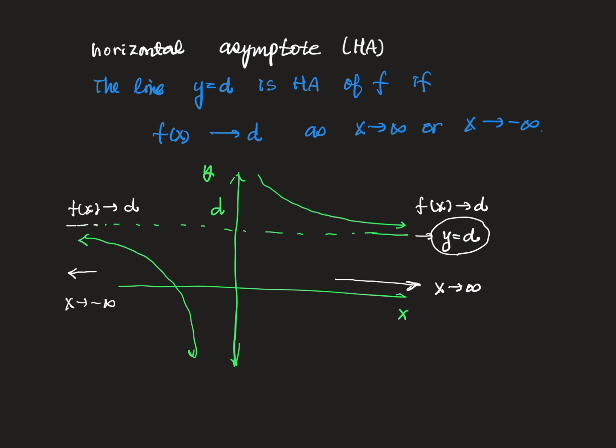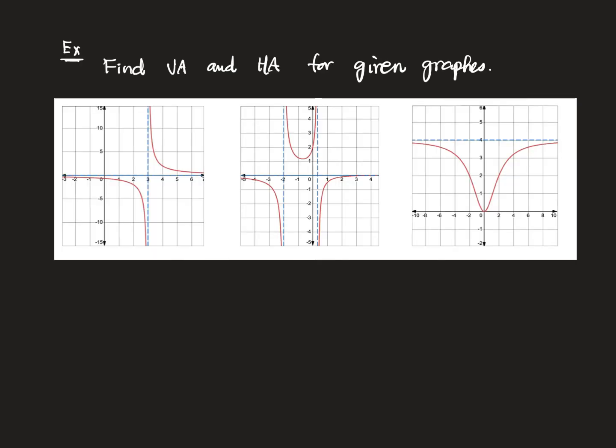Let's have an example on the next slide. I give the graphs, guys. Look at each graph, 3 rational functions. Let's find the vertical and horizontal asymptotes from the given graphs. First one, what is the vertical asymptote? See the vertical line right there. What's the behavior? X coming here from the right, x approaching 3 from the positive side, y goes up. F of x goes up.